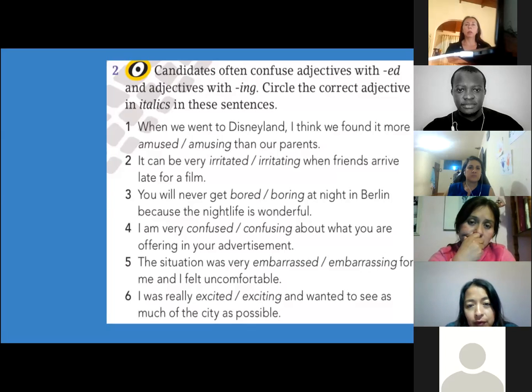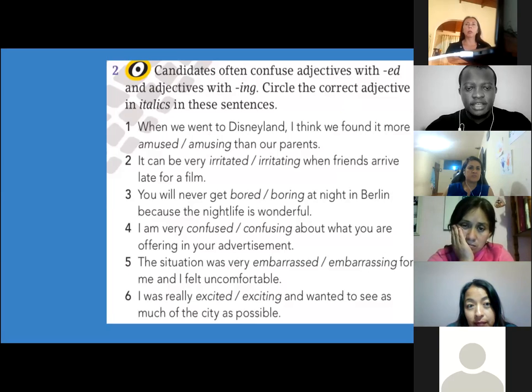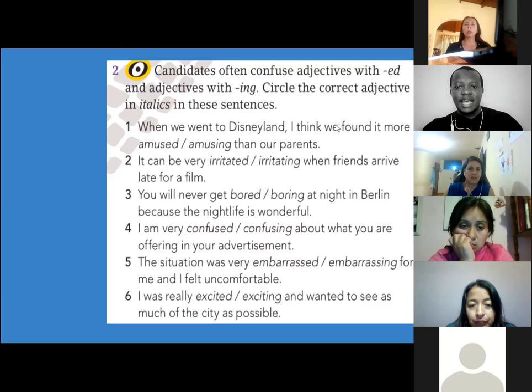Candidates often confuse adjectives with ed and adjectives with ing. Circle the correct adjective in italics in these sentences. Candidates, they are talking about you guys. You normally confuse them.